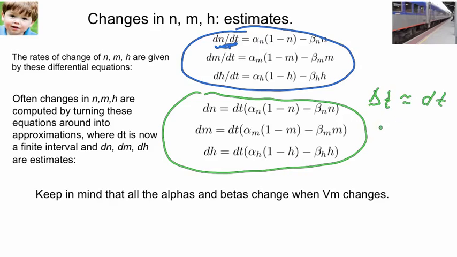So as a result, delta n, the actual change in the probability, or the actual change in the number of open channels if you multiply it by the number of channels, delta n would be about equal to dn.